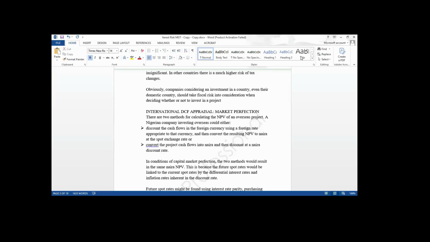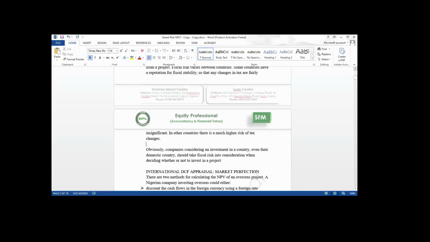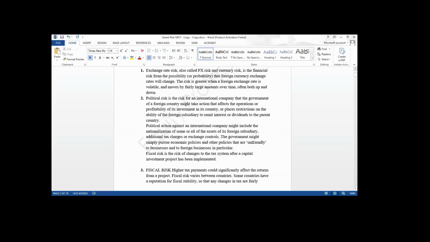What are the issues that are significant to us here? One is the issue of exchange rates, exchange rate risk. There is a possibility that the exchange rate will fluctuate.